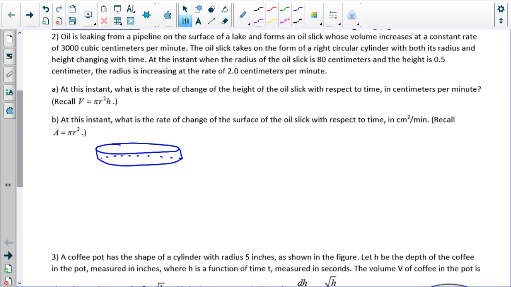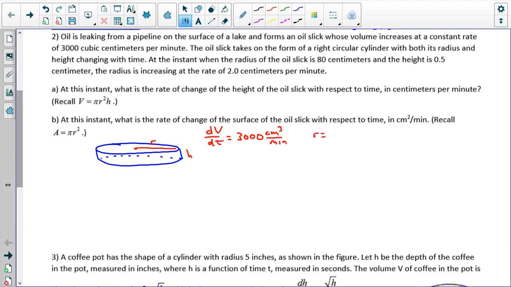And so we have a radius and we have a height. And in this problem, it gives us some information. So it gives us the rate of change of the volume with respect to time. That's 3,000 centimeters cubed per minute.